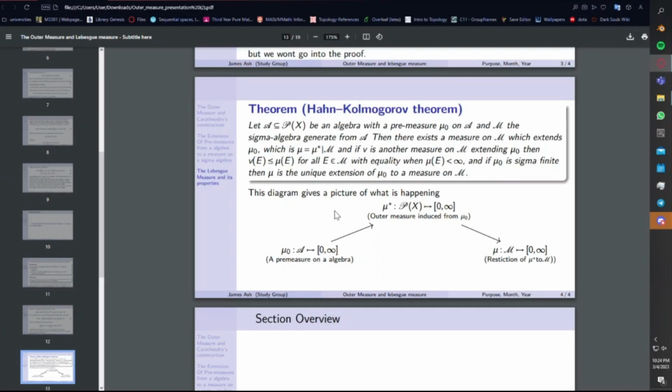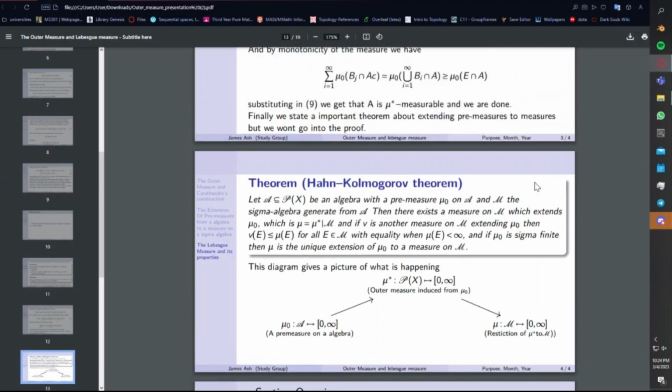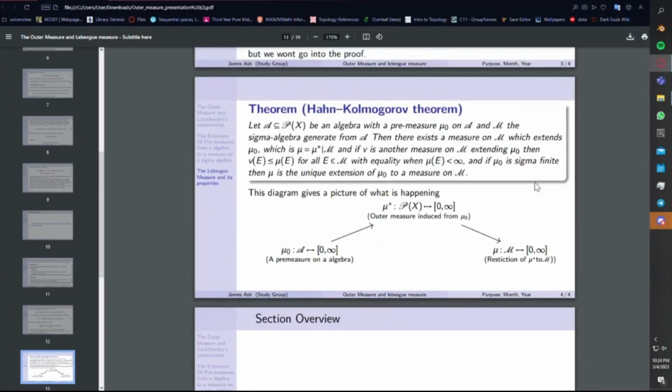Cool. Maybe another quick example of where you use this theorem is in probability. One thing that you want to make sense of when you're defining Brownian motion or general random processes is what it means to have a measure on a space of paths, which is hard to do because path spaces are infinite dimensional. Like, how do you make sense of the volume of an infinite dimensional set?